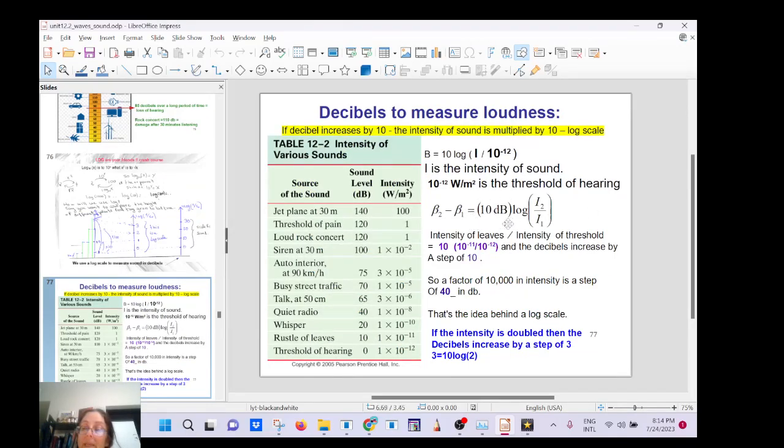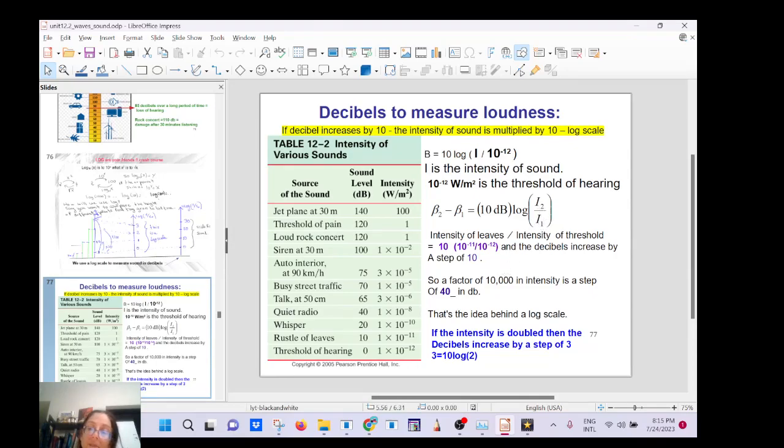So how do we get that? The equation for that means the change in decibel. The change on that scale equals 10 times the log of the ratio between the intensity and the threshold of hearing.